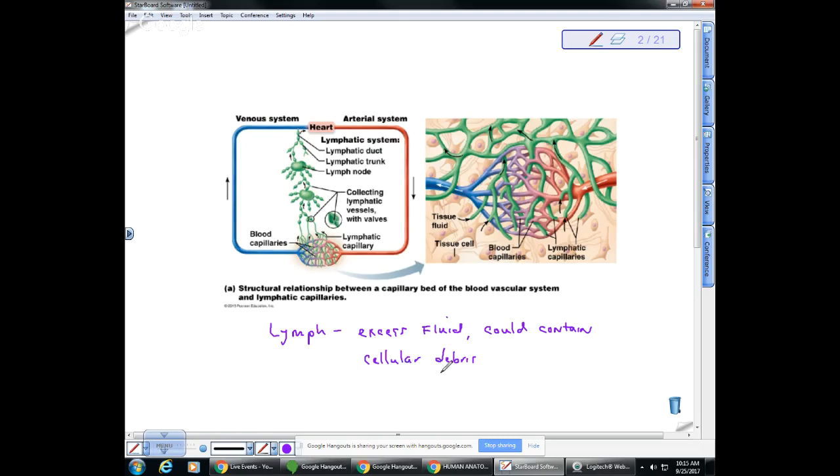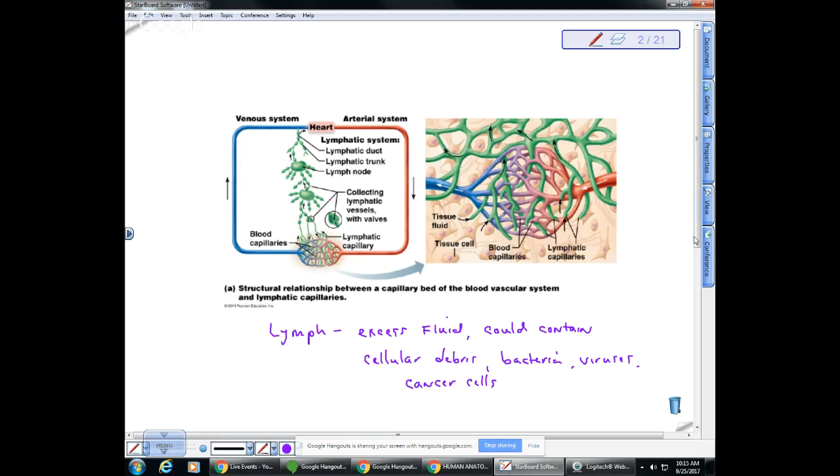It could also include bacteria, viruses, and cancer cells. Sometimes the lymphatic system can pick those up, and that is really important because the lymphatic system can then detect the cancer cells and devise a mechanism for destroying them before they proliferate too much.